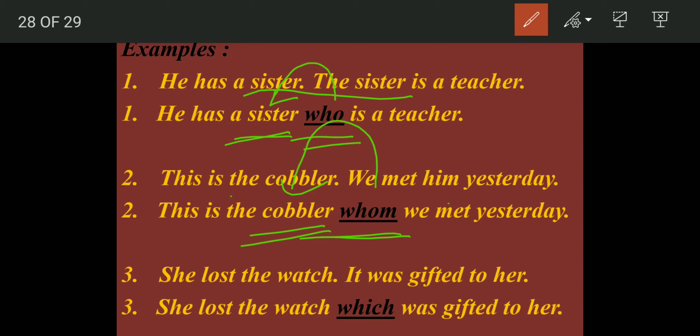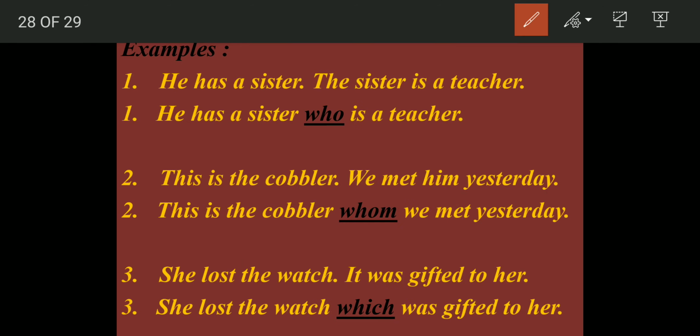Here, he has a sister who is a teacher. So we have combined two sentences and who is used to refer to that sister. Whom is being used to refer to that cobbler. She lost the watch. It was gifted to her. So she lost the watch which was gifted to her. So this is a relative pronoun.